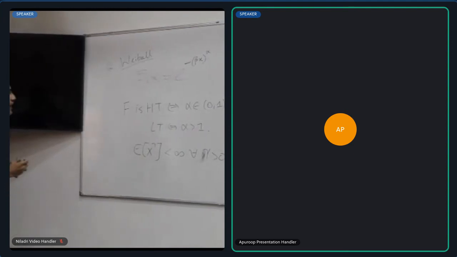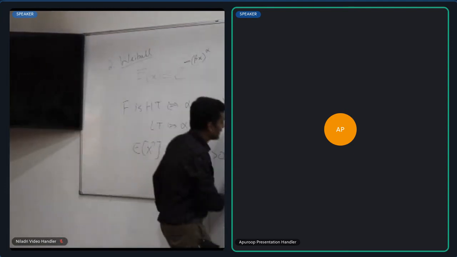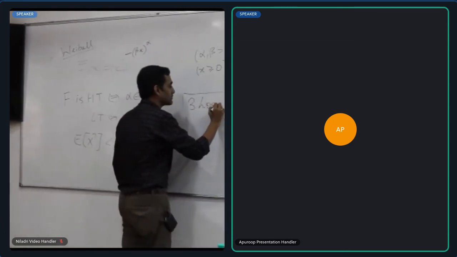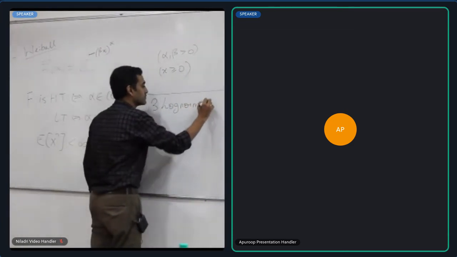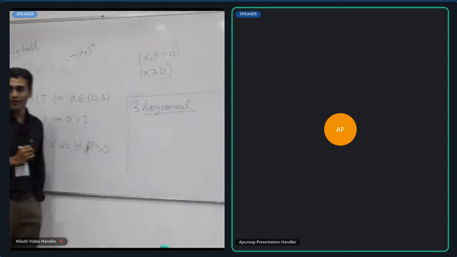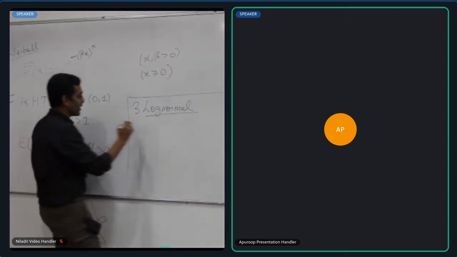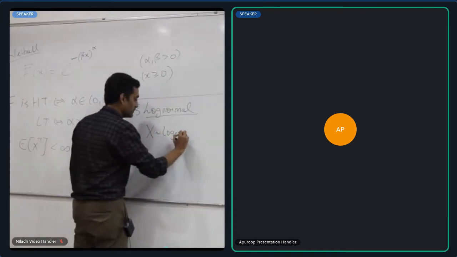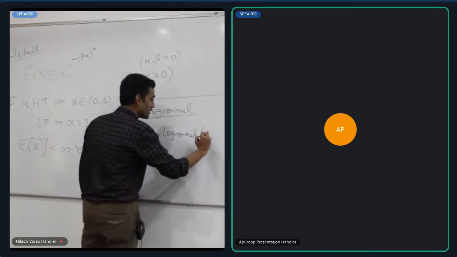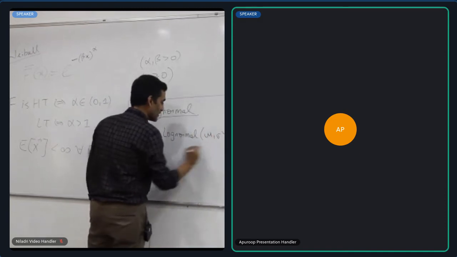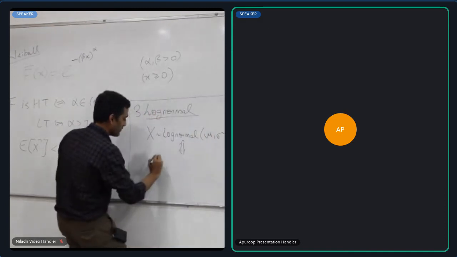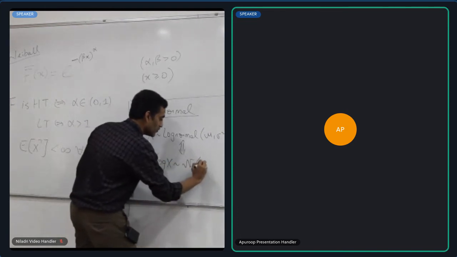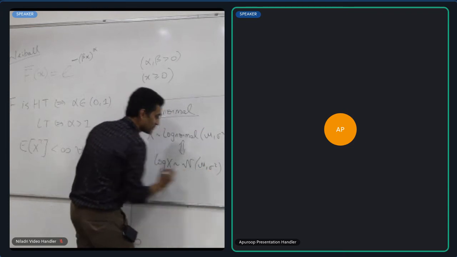Let me give you a final and third example. The third example is the log normal. What is log normal? X is log normal with parameters mu and sigma square if and only if log of x is normal with parameters mu and sigma square.